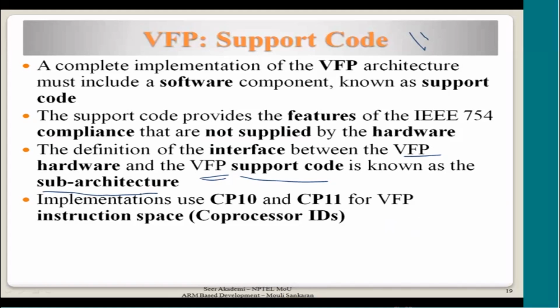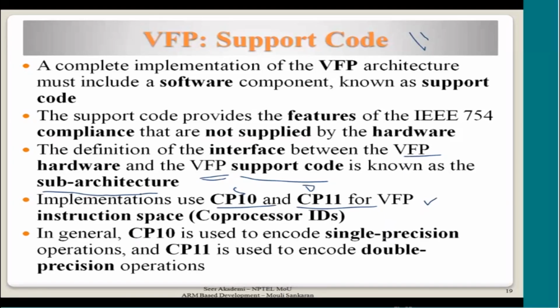As I told you earlier, CP10 and CP11 are normally used for the VFP coprocessor. CP10 is for single precision arithmetic and CP11 for double precision. Suppose the ARM core is giving a coprocessor instruction to the VFP; the CPID, which is 10 or 11, will be put right in the instruction format.